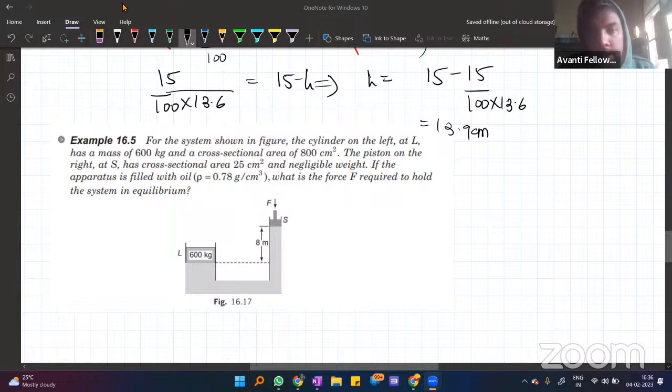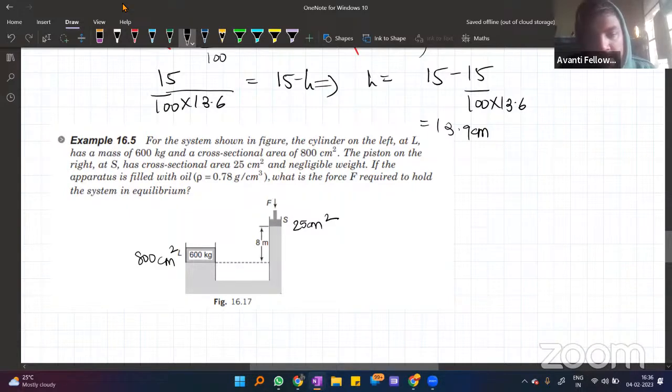Okay, let me solve this question now. For the system shown in the figure, the cylinder on the left at L has mass 600 kg and a cross-sectional area, means here the mass is 600 kg and the area is 800 centimeter square. And the piston on the right at S has cross-sectional area 25 centimeter square and negligible weight.